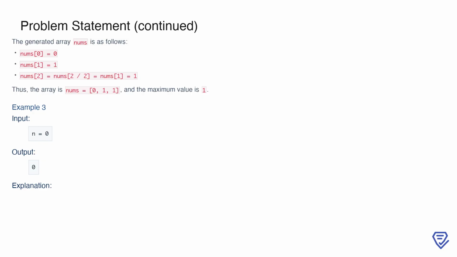For i equals 2, since 2 is even, nums[2] equals nums[2/2] equals nums[1] equals 1. This gives us the array nums equals 0, 1, 1. The maximum value in this array is 1. For another example, when n equals 0, the array nums contains only one element, nums[0] equals 0. Therefore, the maximum value is 0.